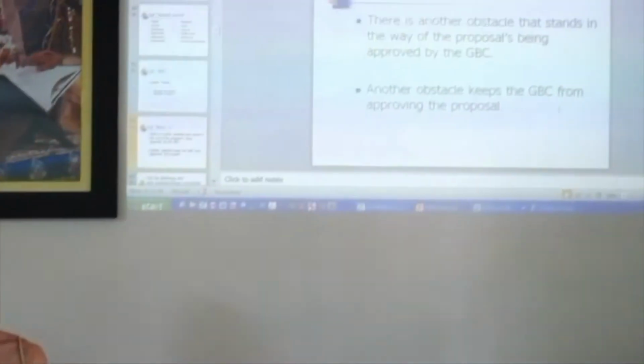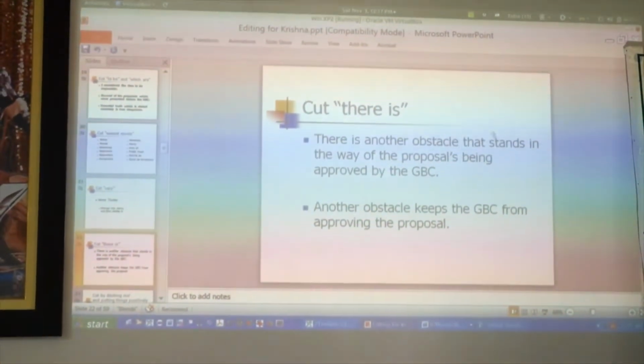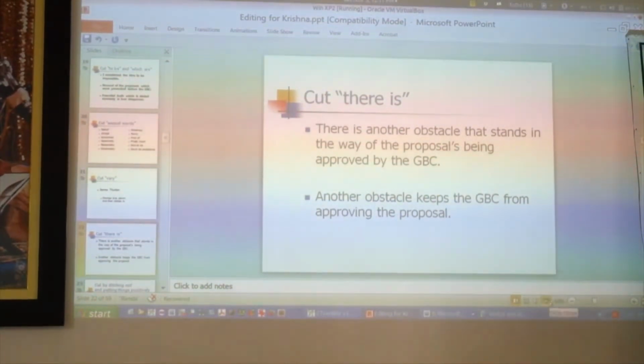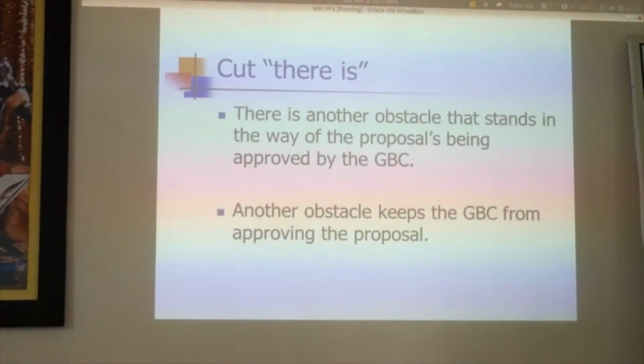Anyone else? Okay, here's what I thought of. I thought of it when I did the course, but okay, I thought of it again. Another obstacle keeps the GBC from approving the proposal. So it doesn't have to be possessive. You can recast it. I didn't really recast it. I looked at it and said, I don't need the possessive.